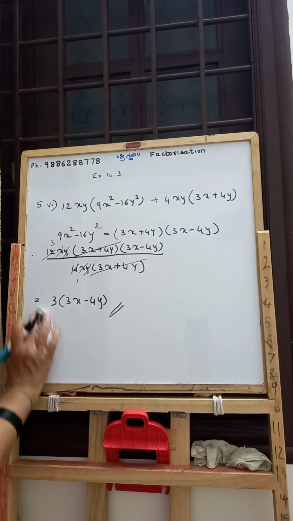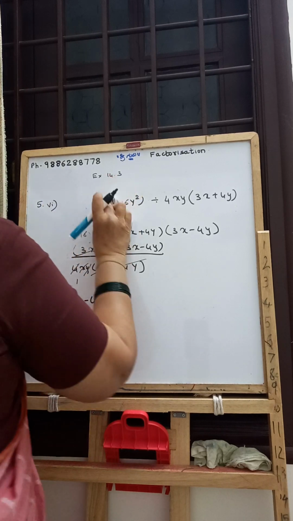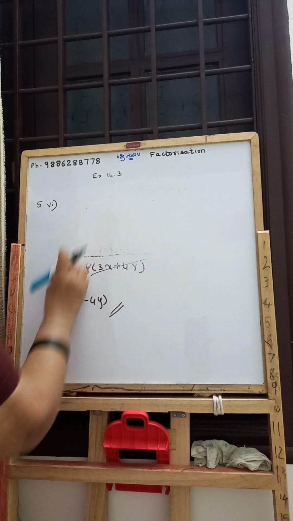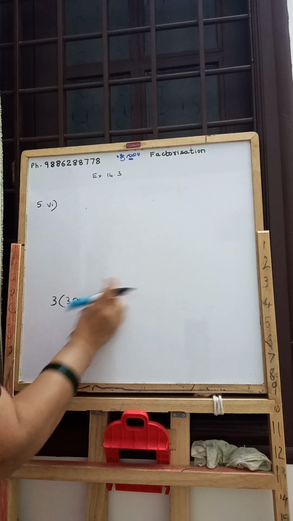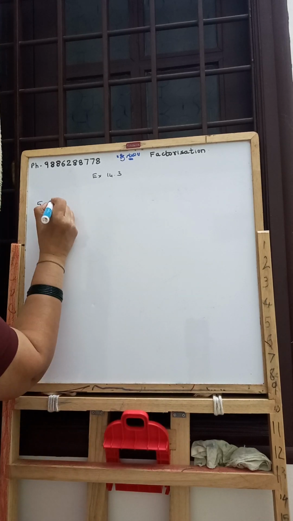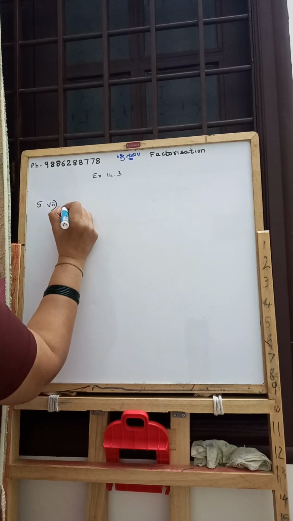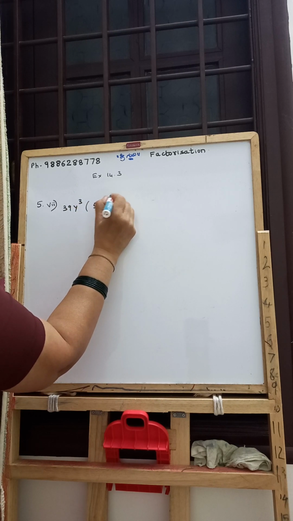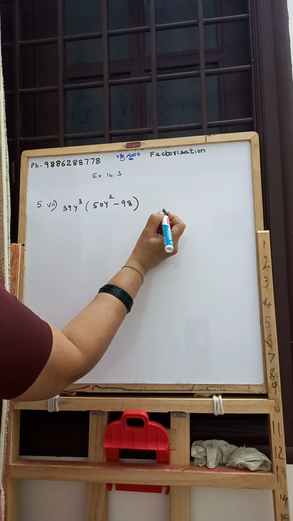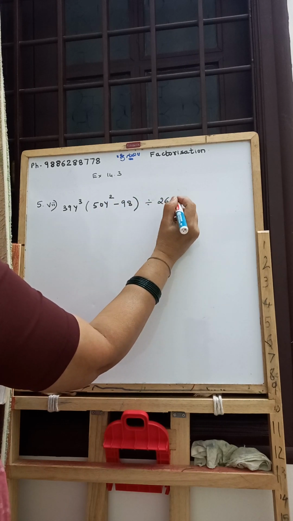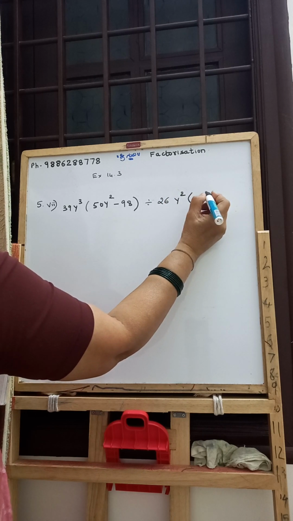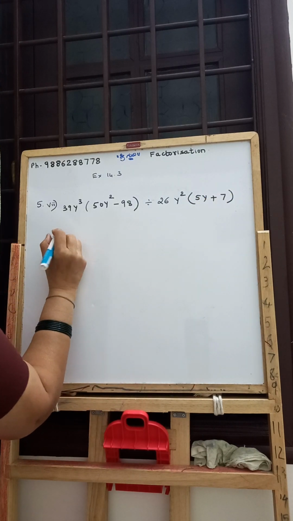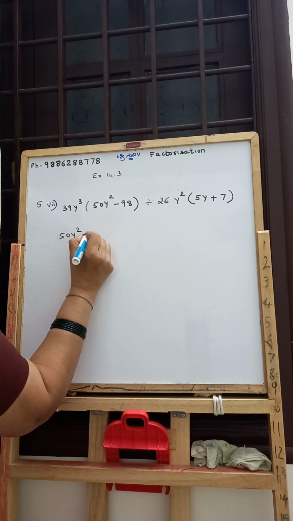Now the seventh one. 39y cube into bracket 50y square minus 98 divided by 26y square into bracket 5y plus 7. 50y square minus 98.